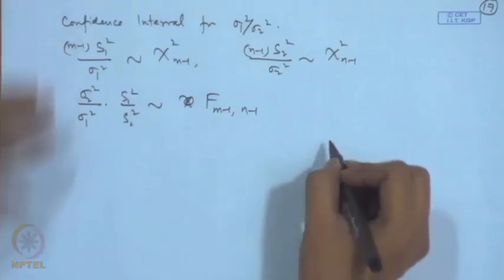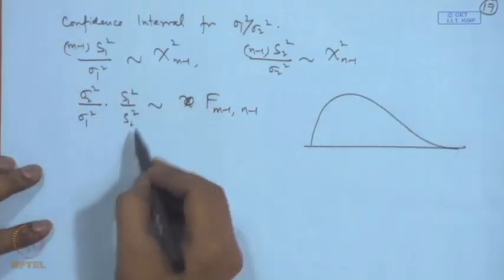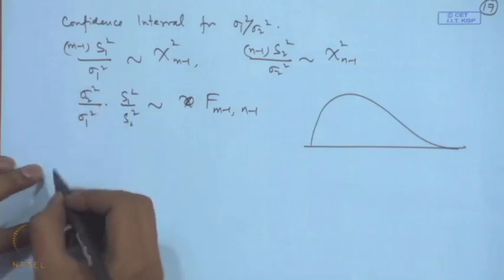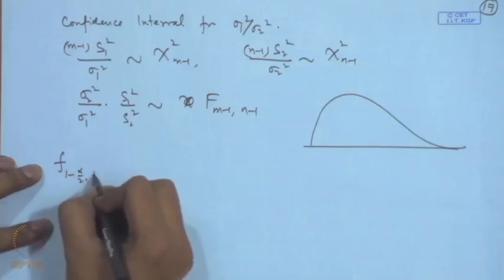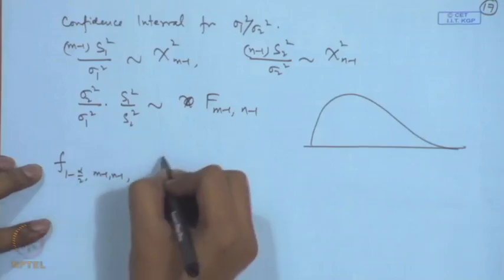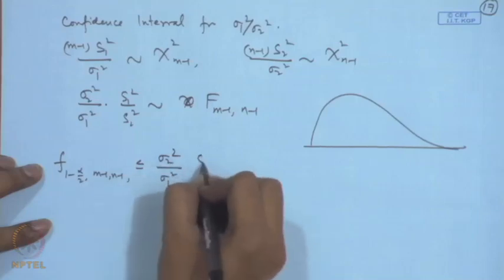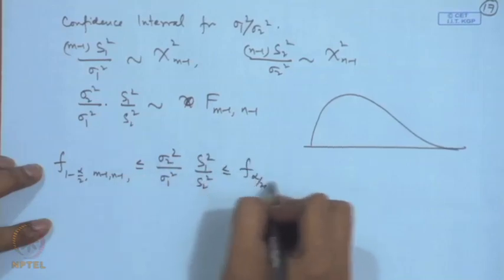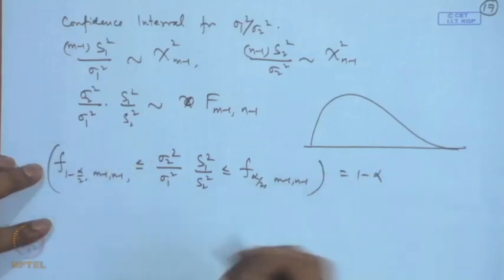So, based on this F distribution points, we can construct a confidence interval for sigma 2 square by sigma 1 square or sigma 1 square by sigma 2 square. So, F 1 minus alpha by 2, m minus 1, n minus 1 less than or equal to sigma 2 square by sigma 1 square s 1 square by s 2 square less than or equal to F alpha by 2, m minus 1, n minus 1, that is equal to 1 minus alpha.